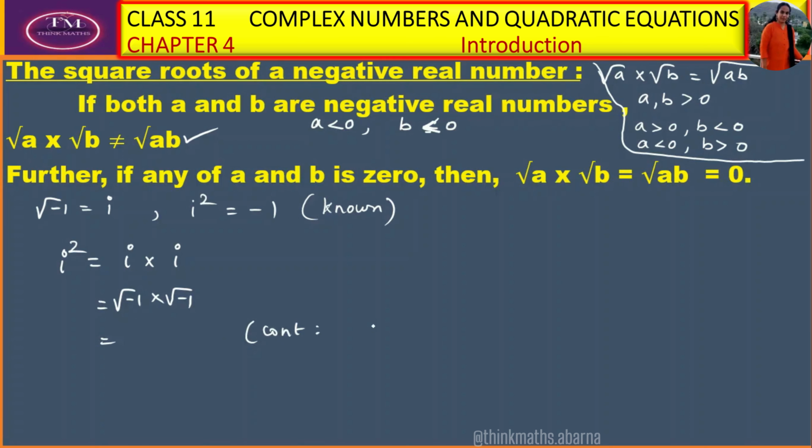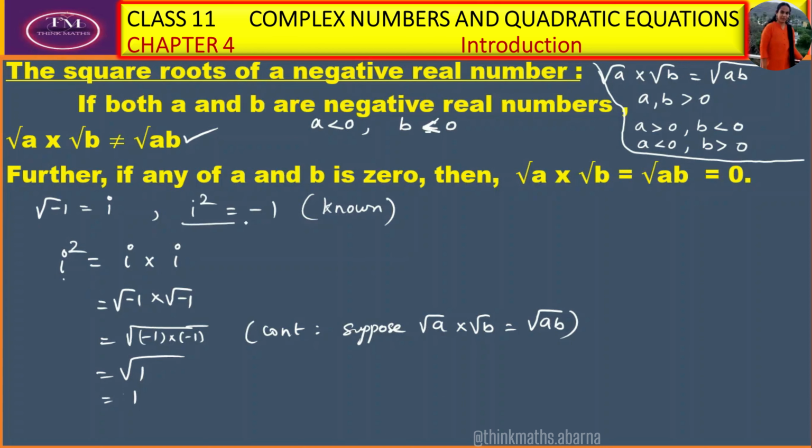Even though it is negative, let me assume root A into root B is equal to root AB. So we can write it as root of minus 1 into minus 1. What is minus 1 into minus 1? It is 1. So root 1 is 1. What are we getting? i square equal to 1. But we have already known i square equals minus 1. So this is a contradiction.